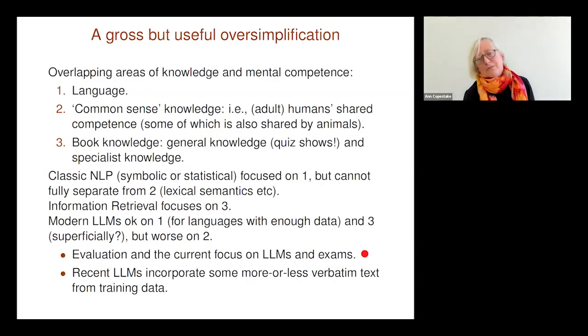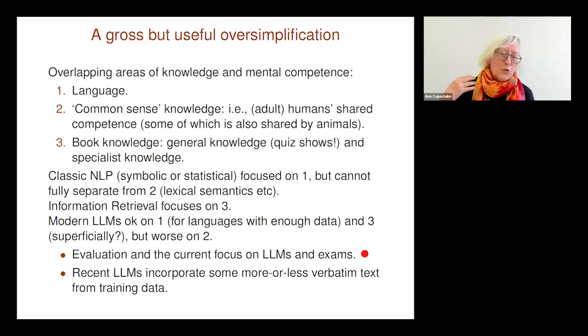I'm going to do something which is a bit dodgy, but it's very useful for me to be able to think about things in these very, very simplified terms sometimes. There's, as I see it, three overlapping areas of human knowledge and mental competence which are involved in what we're doing with NLIP systems. It's language itself. Obviously, many people speak different languages.